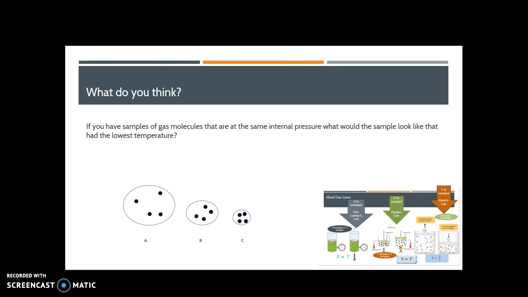So which of these examples would be the best for lowest temperature? We know that as temperature increases, volume increases, and as temperature decreases, volume decreases. In this case, we're using temperature decreases. So the lowest temperature means what about volume?